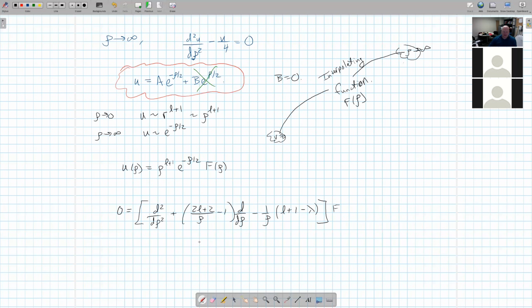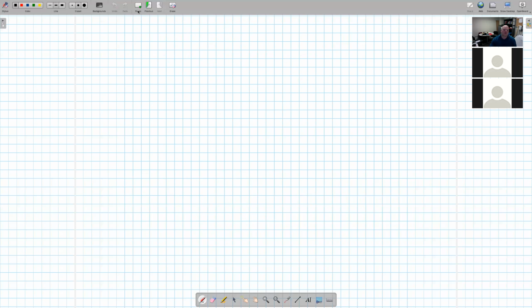Now from here, what we did in math methods is we seek a power series solution for f. So f must be some sort of power series, which we say is the sum over k of some coefficient c_k times rho to the kth power. Again, we came up with a recursion relation, which means when we take this solution and plug it back in, I'm going to skip some steps because we already did this before.